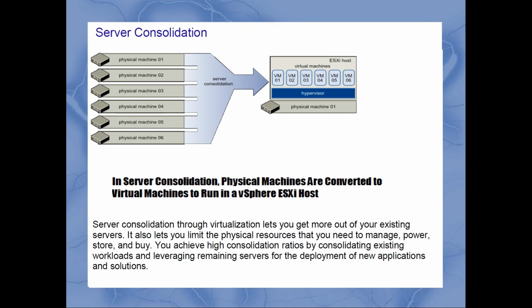So instead of 6 physical boxes taking space, requiring administration, requiring people to work and to replace any components, as well as taking up data center space, heating, cooling costs, we have managed to reduce those 6 standalone hosts into virtual machines and deploy them on one large ESXi host.